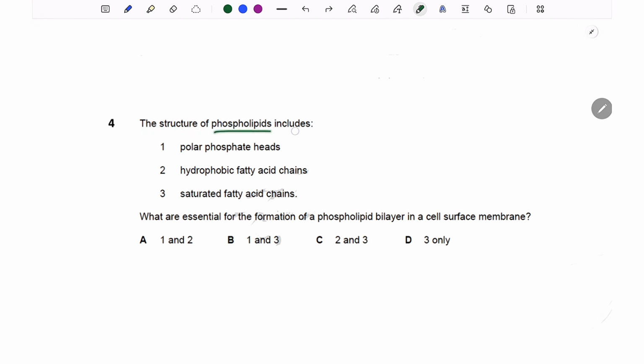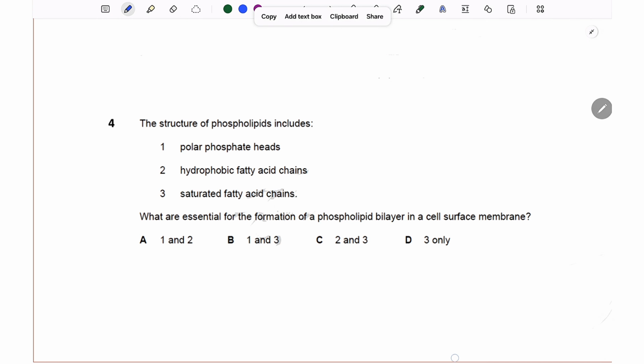The structure of phospholipid includes a polar phosphate head, hydrophobic fatty acid chain, saturated fatty acid chain. What are essential for the formation of phospholipid bilayer in a cell surface membrane? Remember, phospholipid is going to have a phosphate head that is hydrophilic, and then it's going to have a hydrophobic region that is fatty acids.